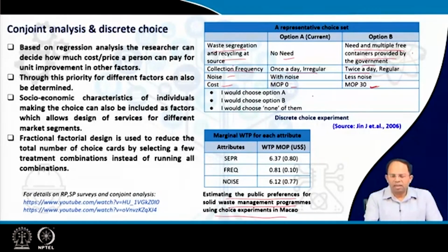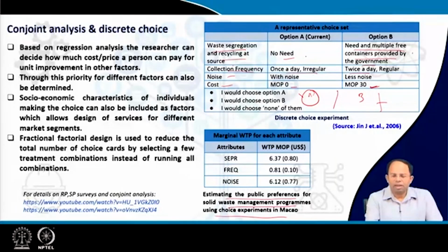So at the end of the day, the option is choice A or B. So these are discrete choices. If there are only two choices, we can go for a binary logistic regression. If there are multiple choices, we can go for a multinomial logistic regression. From that also we can determine the likelihood of a person choosing a particular choice, and based on that we can determine which are the factors which influence that choice.